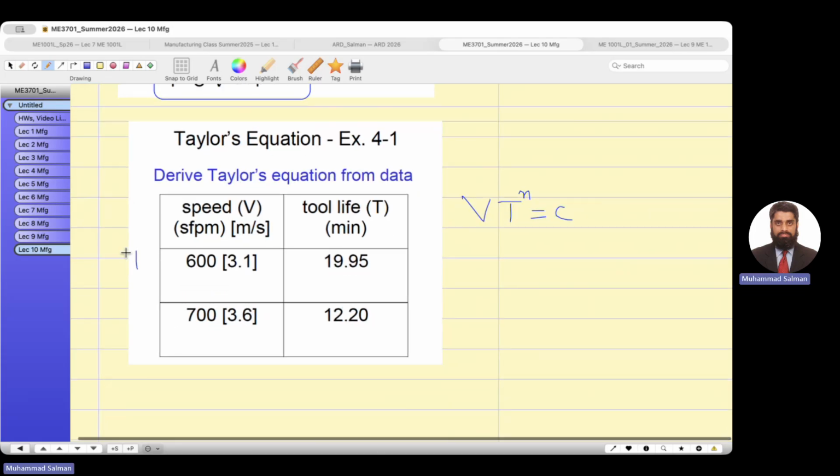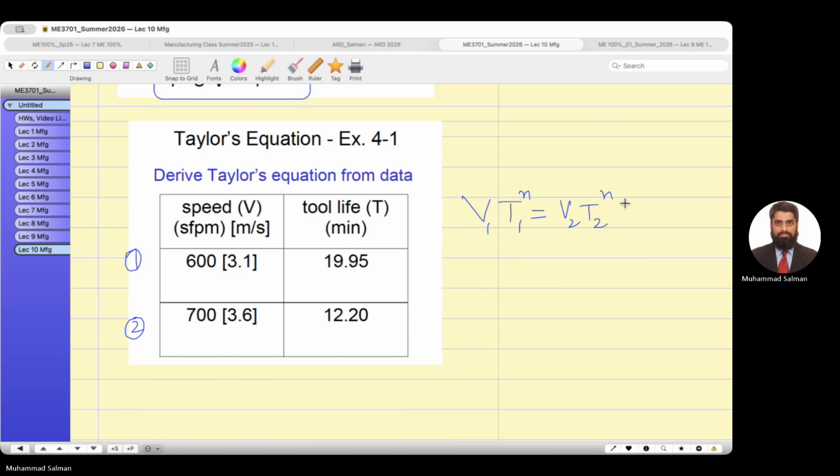Suppose this is case 1, this is case 2. So let's see, V1 T1^n equals V2 T2^n. What is n? Can you find out n? This is just simple math. What is V1?